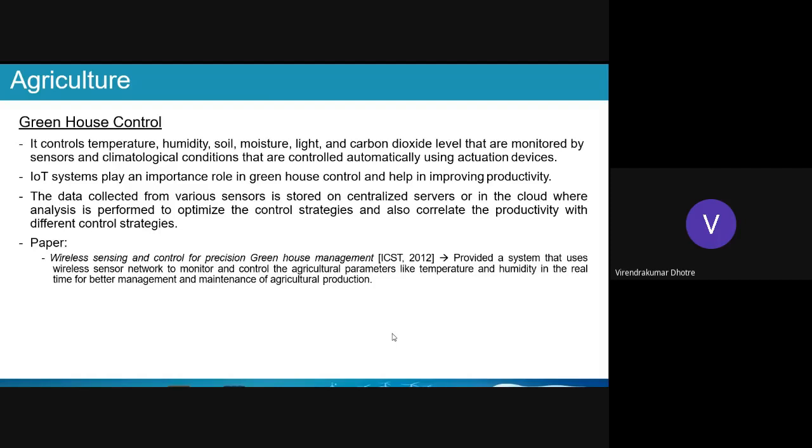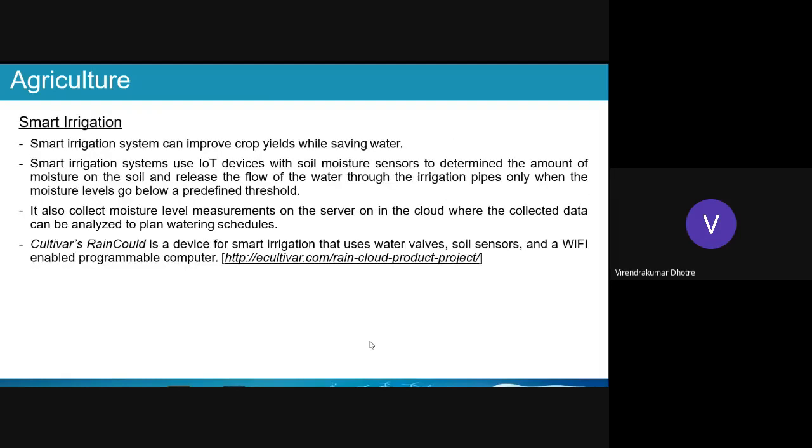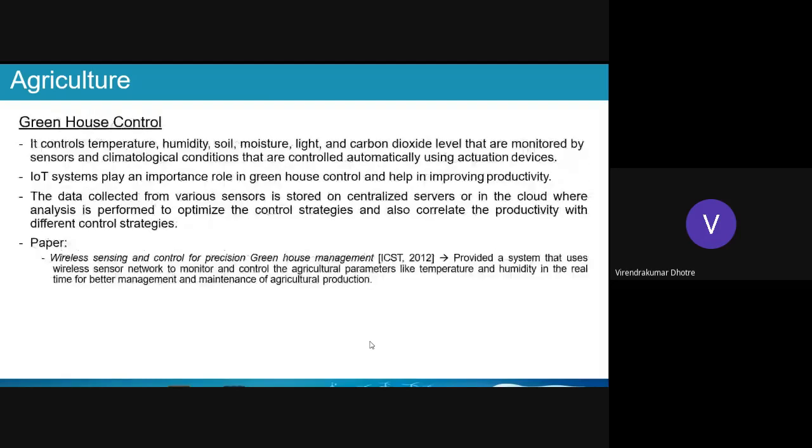Based on the analysis, we can optimize the control strategies: how much water should be maintained, how much light, carbon dioxide level, temperature. All these things we can control using IoT. So in agriculture, regarding smart irrigation and greenhouse, IoT plays a big role.